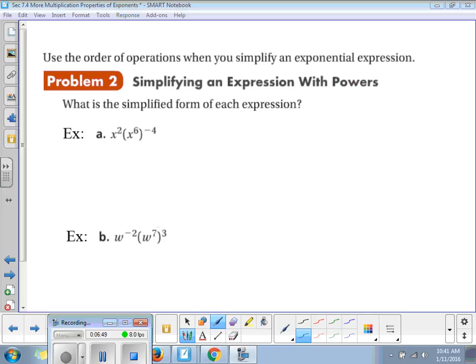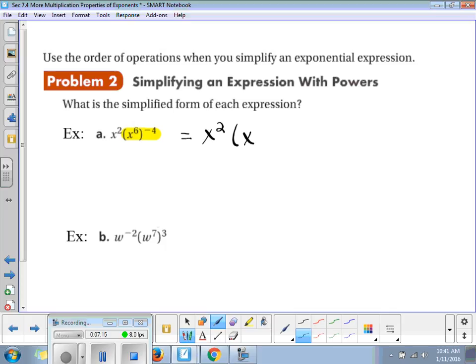So we're going to do the x to the 6th to the negative 4th first. So this is going to be equal to x squared times x to the 6 times negative 4.